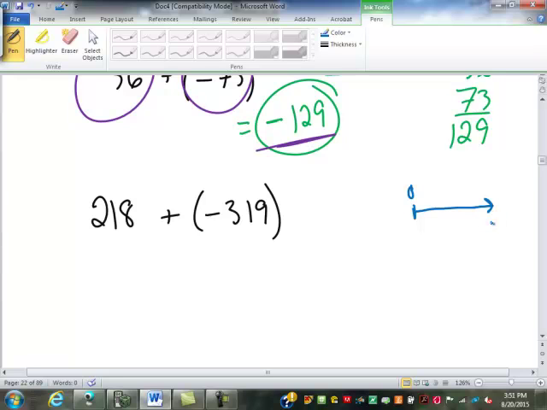Same or opposite? Opposite. Longer or shorter? Longer. So our answer's on the negative side. It is the difference between those, which is 101. So negative 101.